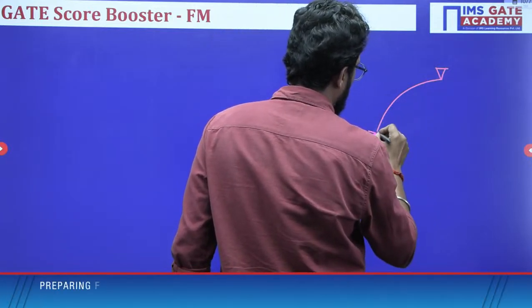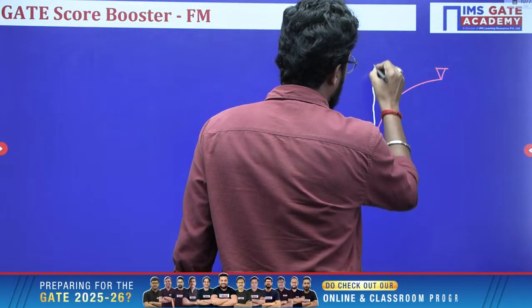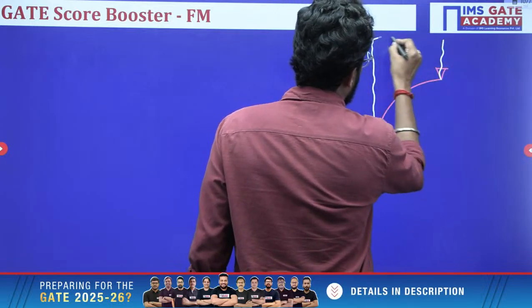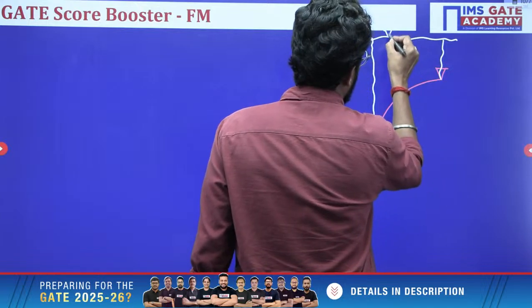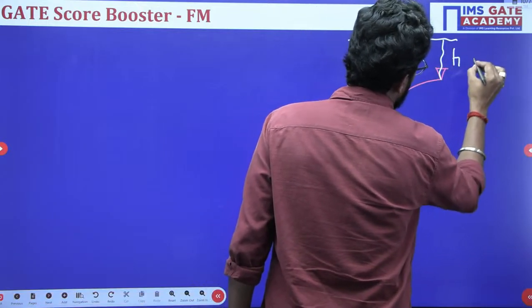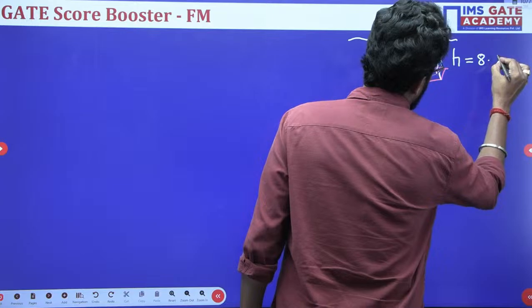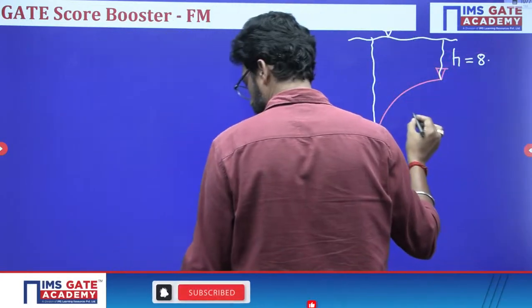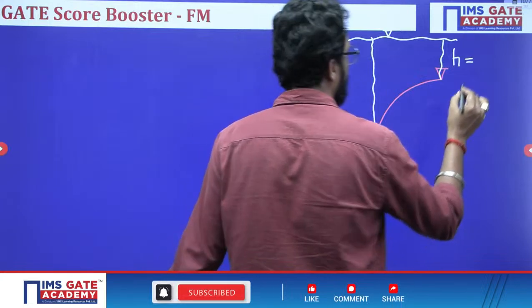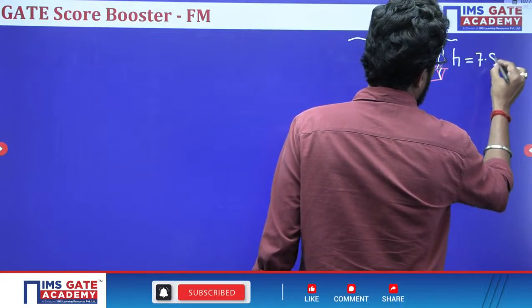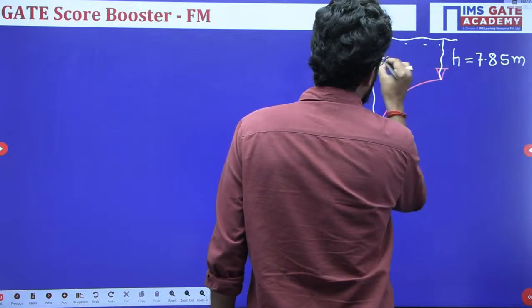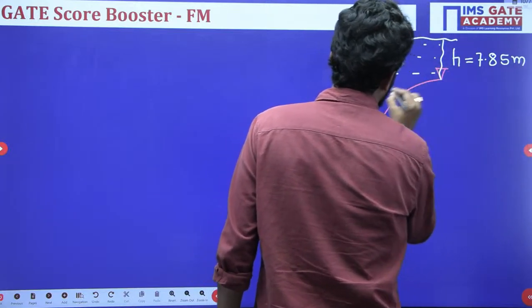Now we have to create an artificial free surface. That height h is equal to 7.85 meter, and in this there is an imaginary fluid column.